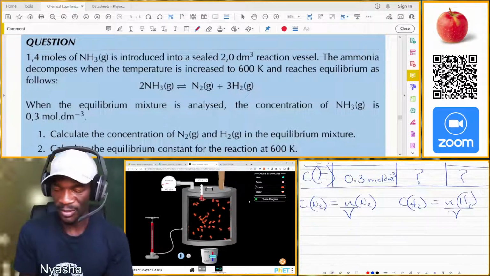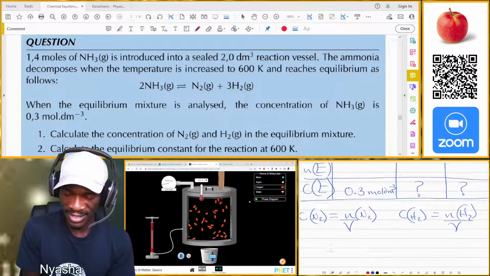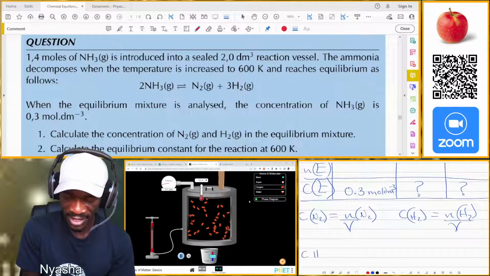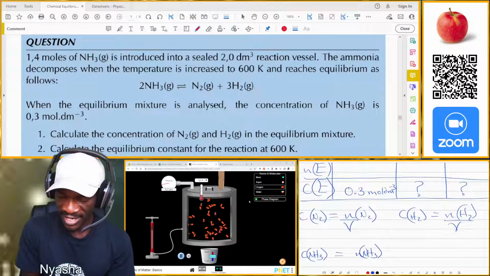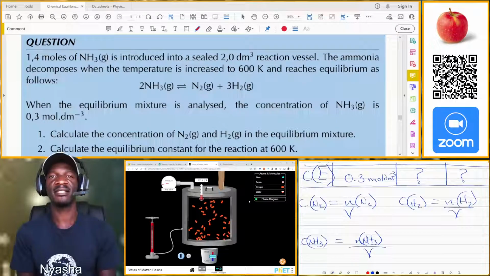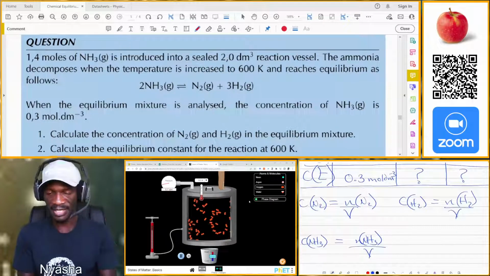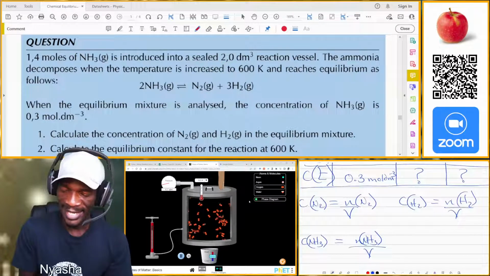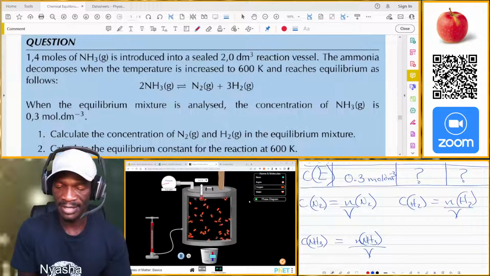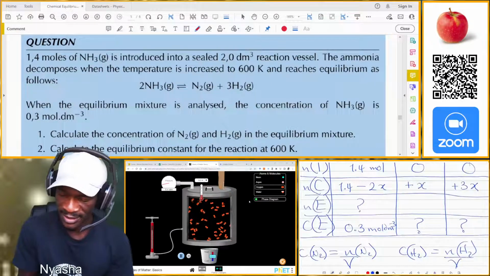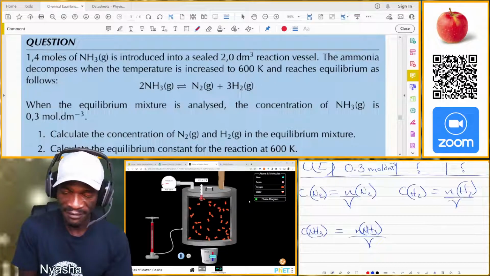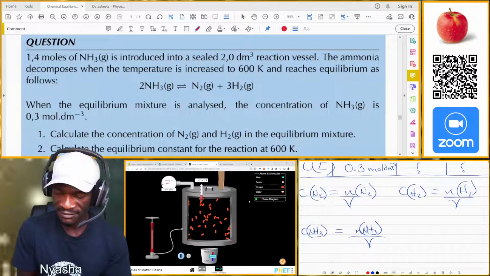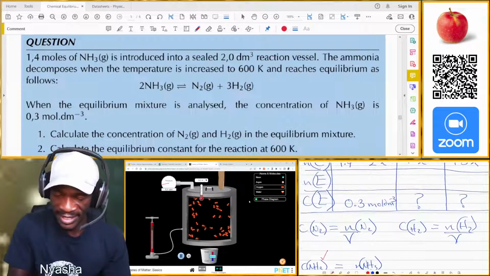Right, so how are we going to do that? We know that the concentration of NH3 is equal to the number of moles of NH3 divided by the volume, isn't it? And we actually have a number. Remember, we want to look for this so that we can find our X. This concentration is given, they gave us this number.